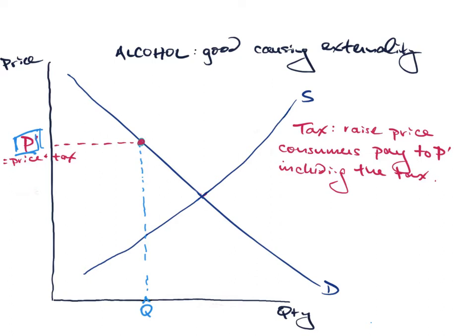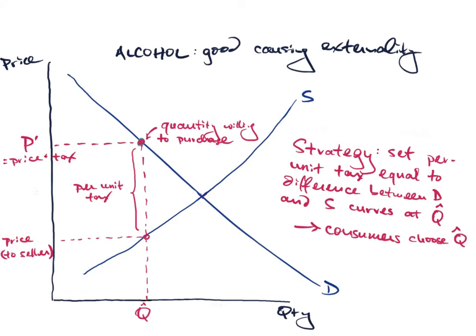How does the government set the price? By adding on a tax. So here's my illustration of what the government can do. The optimal strategy for the government is to set the per unit tax equal to the difference between the demand curve and the supply curve at the socially optimal quantity. So this is like setting a $200 an ounce tax on marijuana.